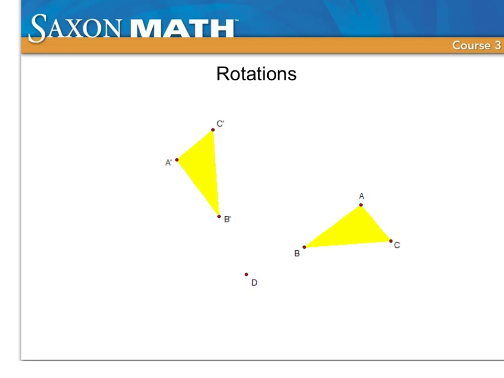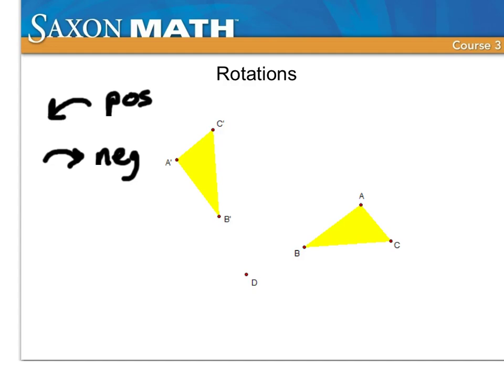So here, we're going to rotate this shape around point D. So point D doesn't move, and I'm going to rotate my triangle around. Now some things you need to know about rotations. If I rotate counterclockwise, that is a positive rotation. And if I rotate clockwise, that's a negative rotation.